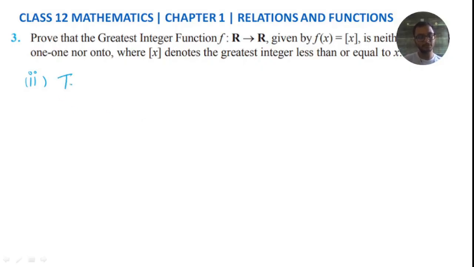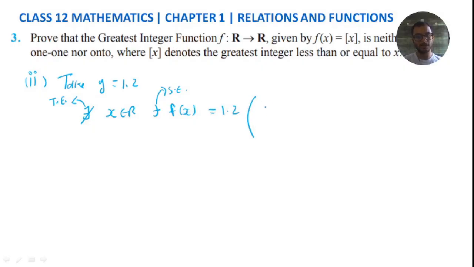So take y equals 1.2. Then there does not exist any x belonging to R such that f of x equals 1.2. You should be aware of this sign: this is the sign for 'such that', and this is the sign for 'there exists'.